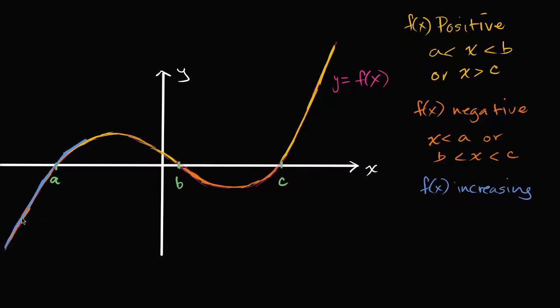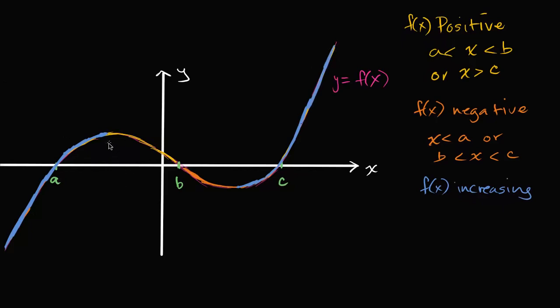So where is the function increasing? Well, I'm doing it in blue. It's increasing right until we get to this point right over here. And then it starts decreasing until we get to this point right over here, and then it starts increasing again. So let me make some more labels here.